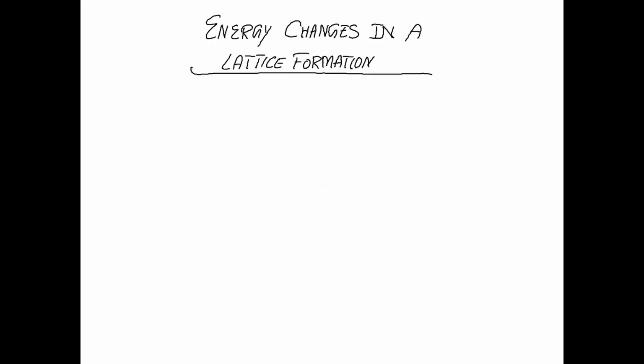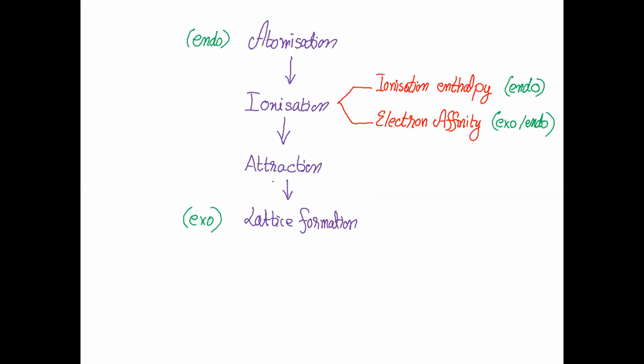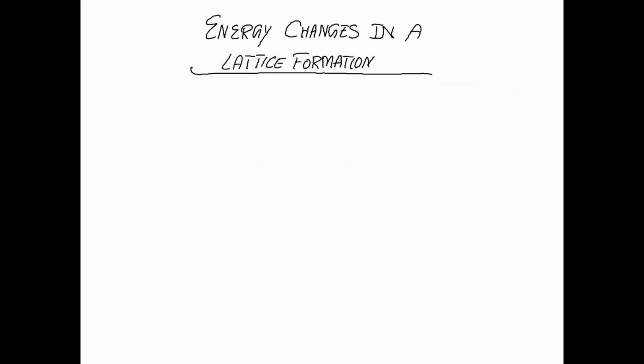Energy changes in a lattice formation. What are the energy changes? There are three main energy changes: atomization, ionization, and then lattice formation. But attraction is not an energy change. It's a consequence of oppositely charged ions.